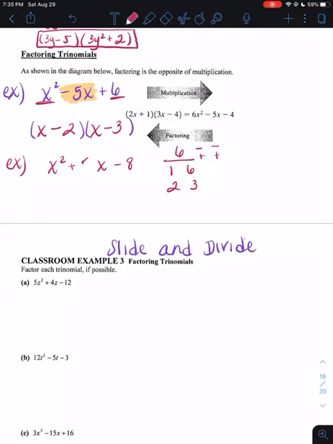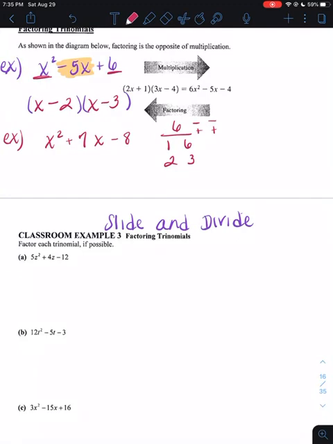Actually, it should be 7. All right, bear with me. I'm trying to just make up some simple problems so you can see the simple ones first.